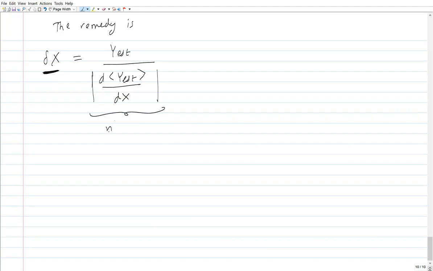The remedy is that, instead of examining the statistical properties of the random variable y estimate, I define a rescaled y estimate. This is just my derivative, which takes into account the units, and I subtract from it the actual value of the parameter.